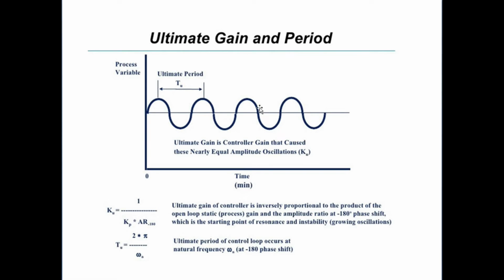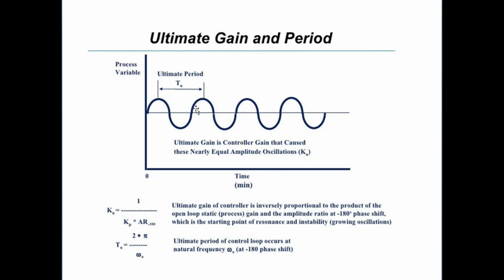Having equal and uniform amplitude, at what gain value we get this type of oscillations, that value is nothing but the ultimate gain, right? Ultimate gain.